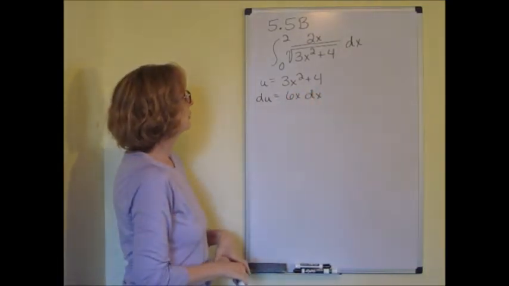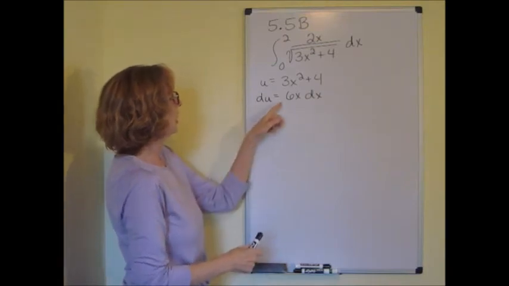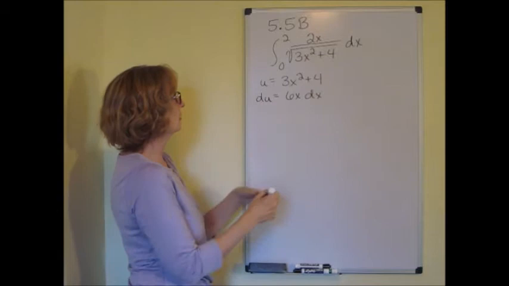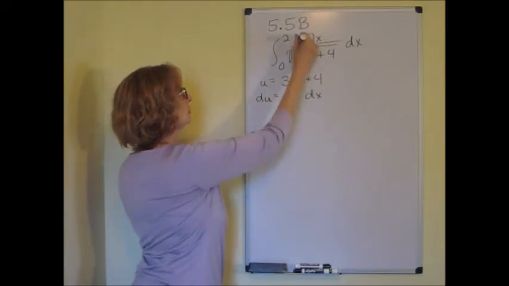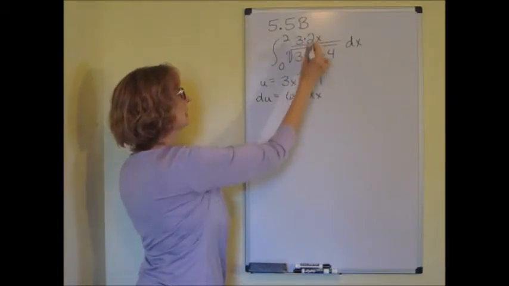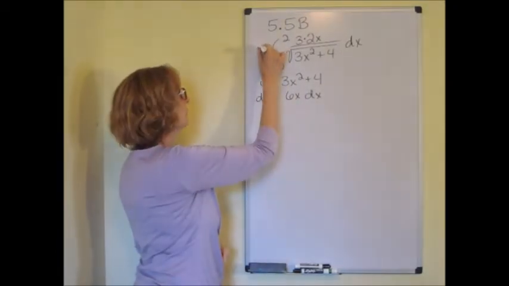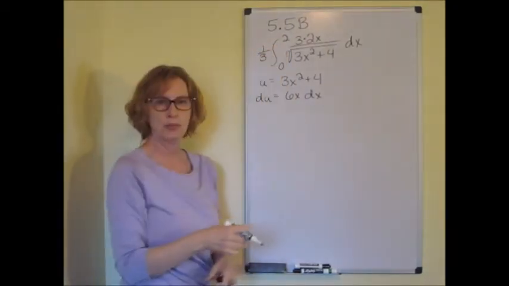For this one, I want to have a 6x. I've got a 2x dx. So to get 6, I'll multiply by a 3 in here.